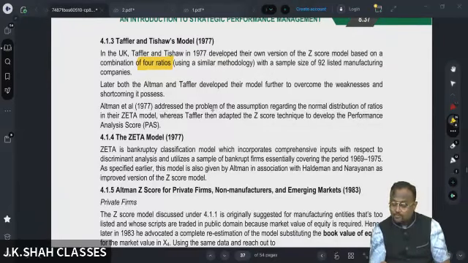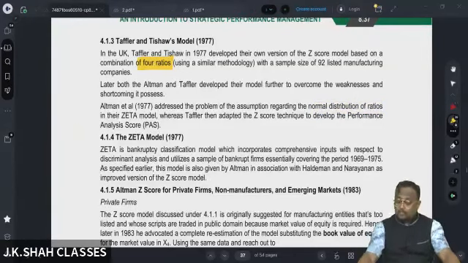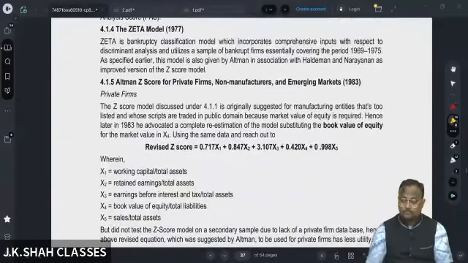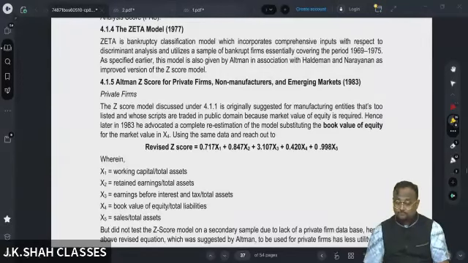Altman addressed the problem of the assumption regarding the normal distribution of ratios in the zeta model, whereas Taffler then adopted the Z-score technique to develop a performance analysis score. Now, what is the zeta model?